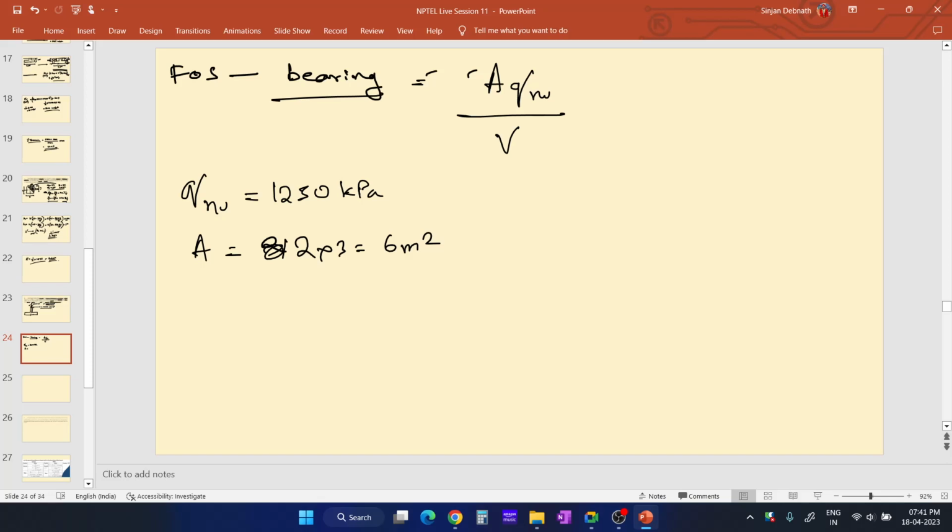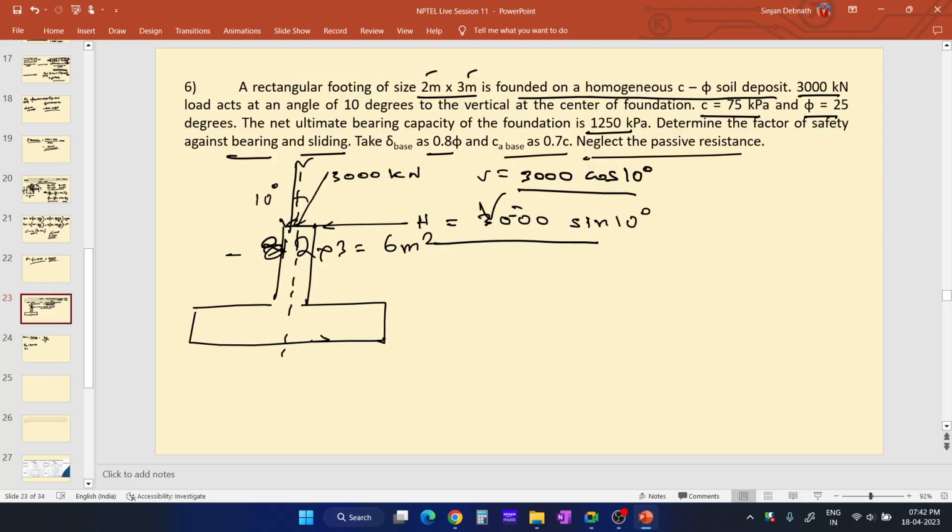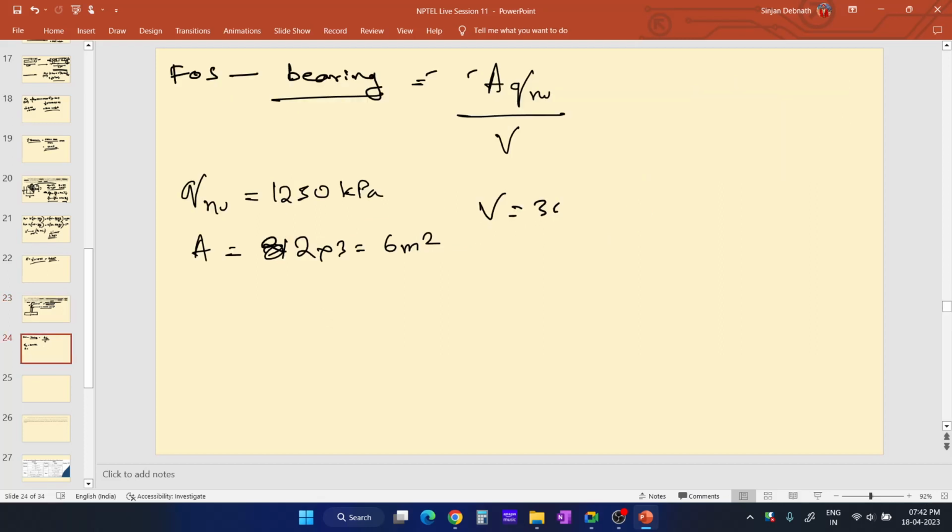This vertical component is 3000 cos 10 degrees. Now we need to put all the parameters into this equation. 3000 cos 10 degrees comes to be around 2954.4 kilonewton.